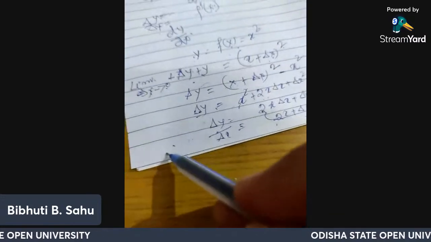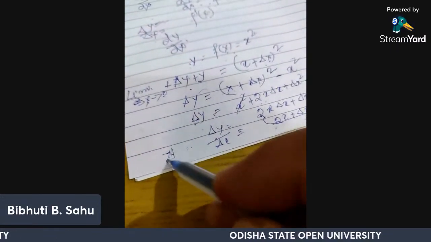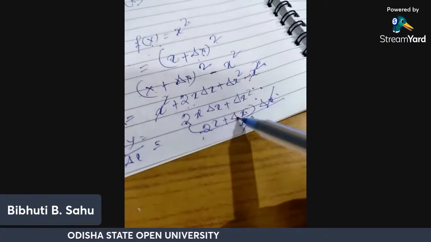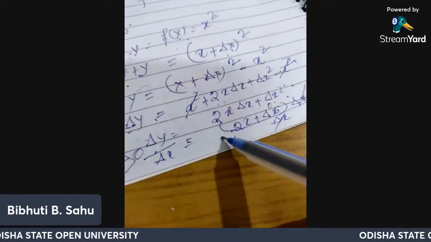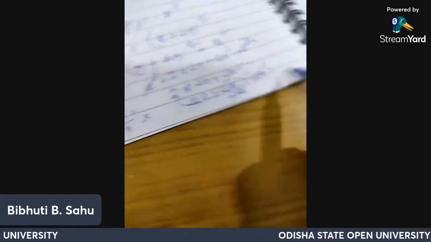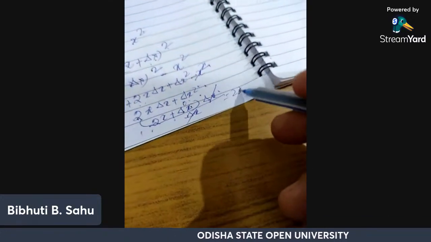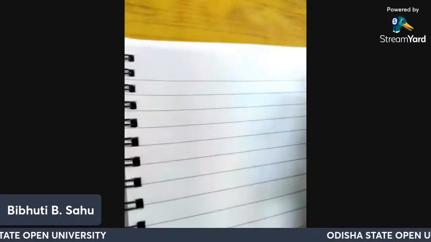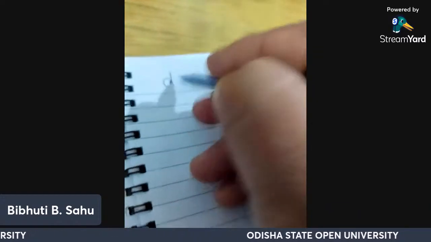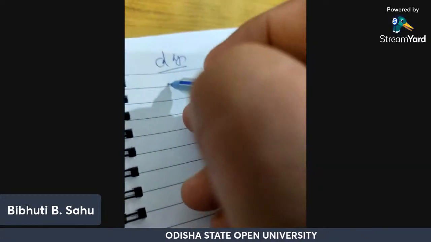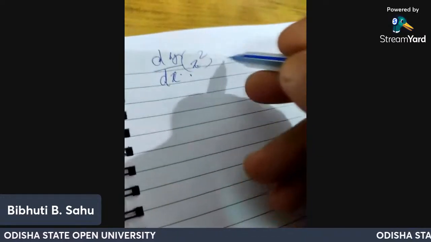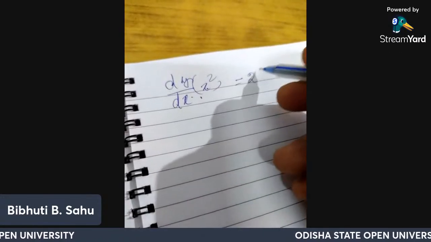As I have mentioned, the value of delta x tends to 0, so we can substitute delta x equal to 0. So delta y by delta x is simply 2x. That means delta y by delta x is nothing but the derivative, or simply we can write it as dy by dx of x square, that is a function of x, is equal to 2x.